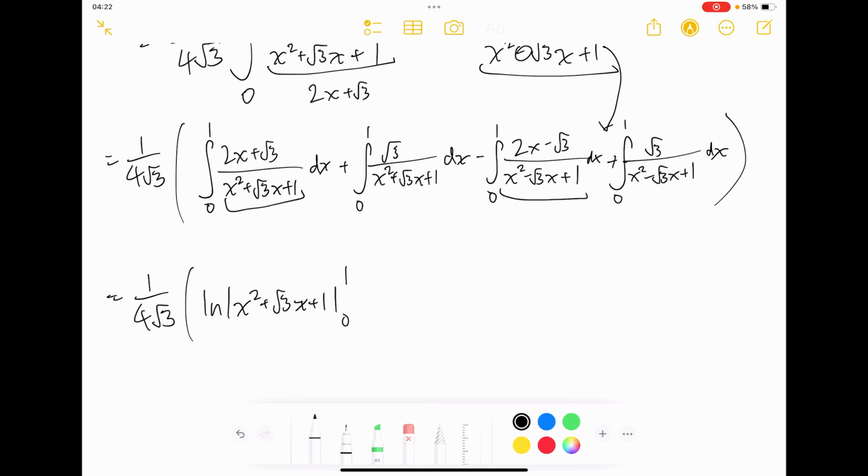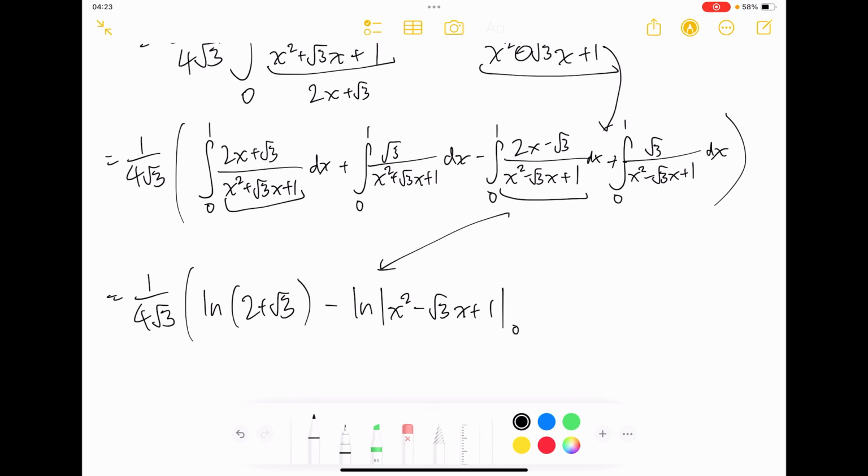If I put in 1, that's going to give 2 plus root 3. How interesting. So I'm going to have 2 plus root 3 here. And I'm going to put this forward first because we have an actual value for that. And similarly, if I do x squared minus root 3x plus 1, 0 is going to give us nothing. Putting in 1 is going to get us 2 minus root 3, and that's still positive. So just normal brackets, 2 minus root 3.